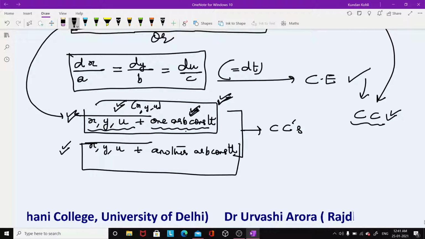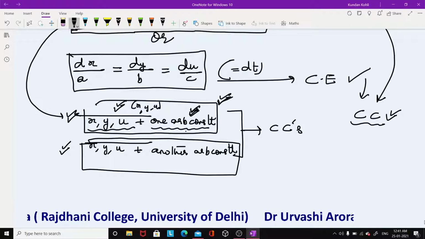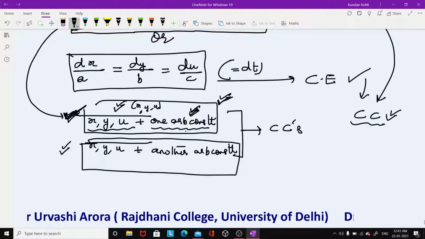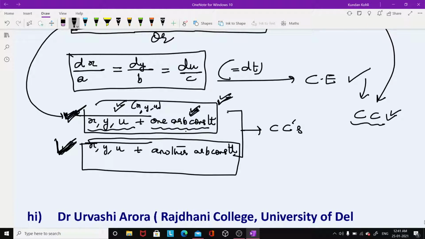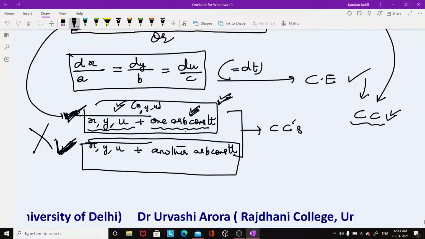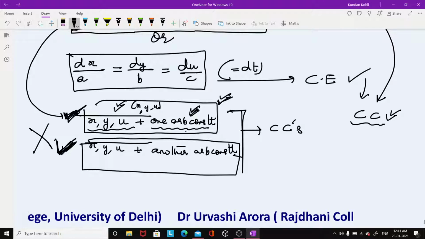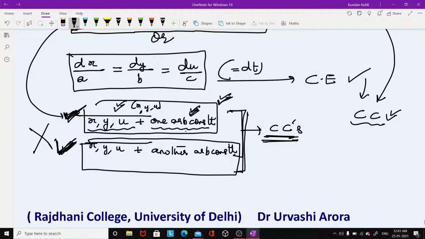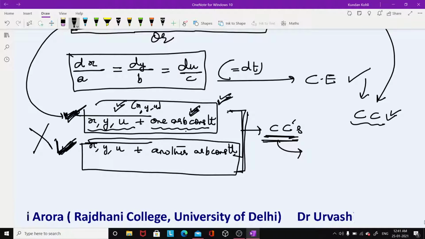Now this one is also a family of surfaces in the xyu space, and when these two surfaces are taken together and intersect each other, finally you get a curve. So when you take these two surfaces together, the characteristic curves are obtained. And basically what will be characteristic curves?